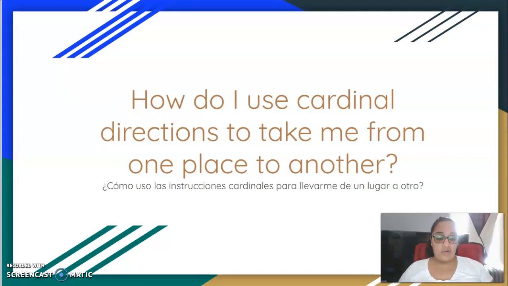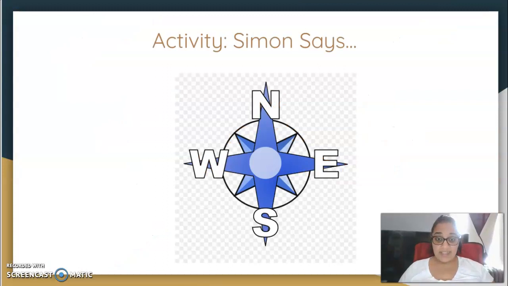And we're going to start off with a quick warm up activity, which is a game that I know everyone or almost everyone loves. Simon Says. So Miss Alvarez is going to be Simon. Right here, we see our compass rose. Remember that N is north, E is east, S is south, and W is west.